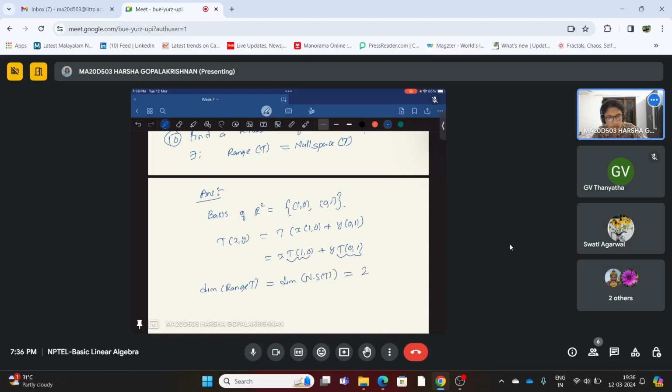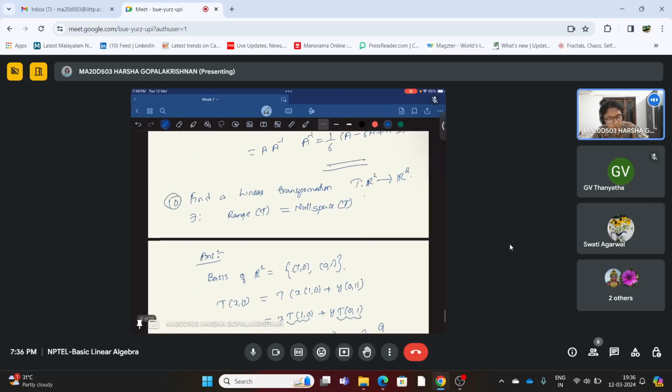Now, will it be a contradiction to the rank nullity theorem? What is the rank nullity theorem? Rank plus nullity should be equal to the dimension of R2.